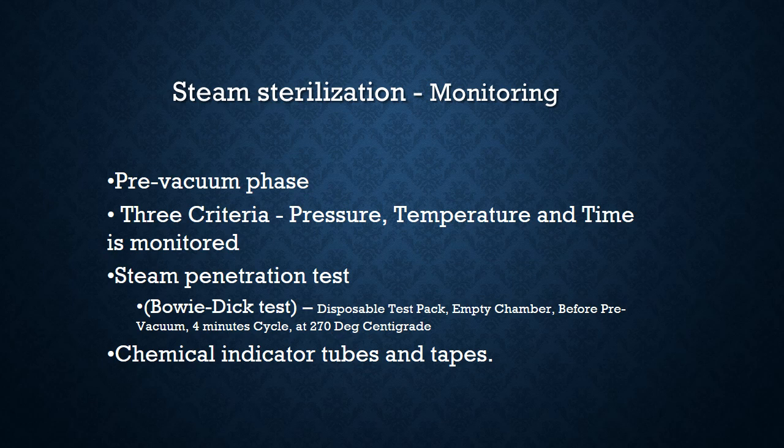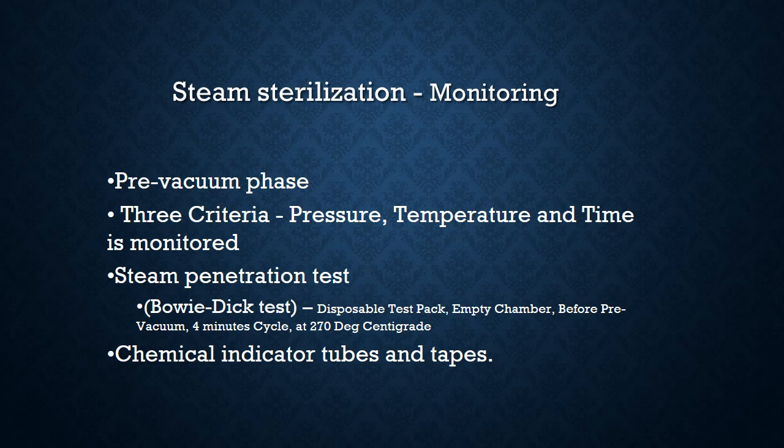Then there are chemical indicator tubes and tapes whenever instruments or packs are placed inside the autoclave. These are color changing tubes and tapes placed strategically among the objects to be sterilized, and if the higher temperature steam reaches them, they change color.